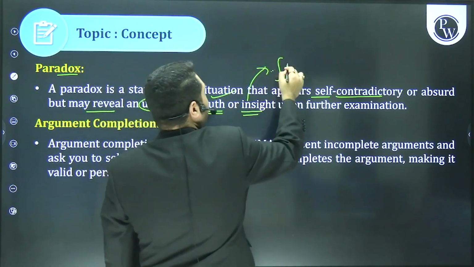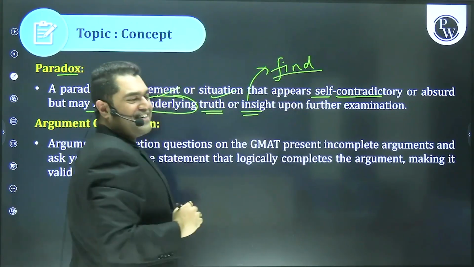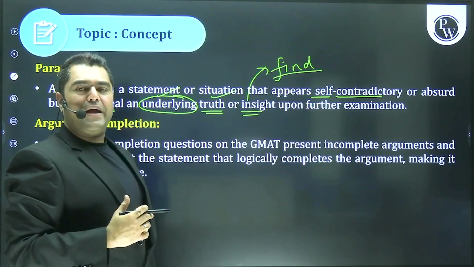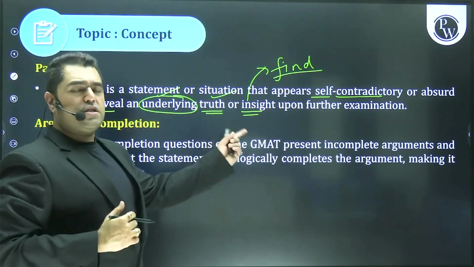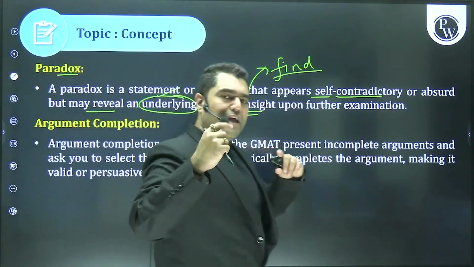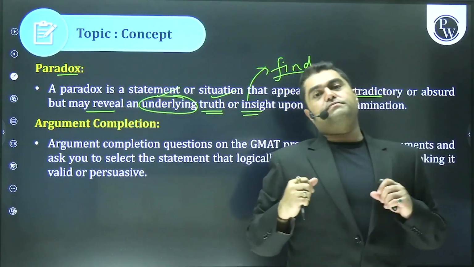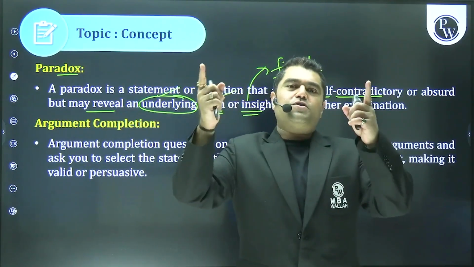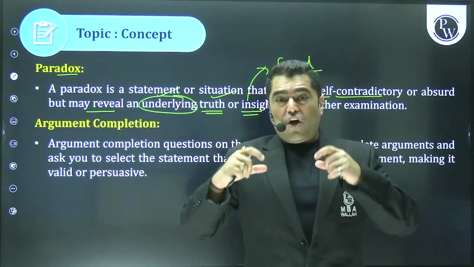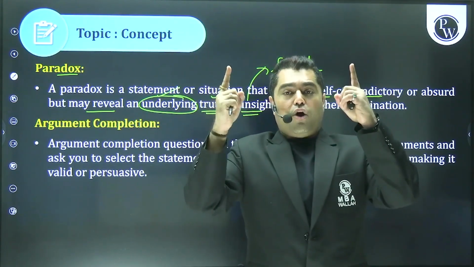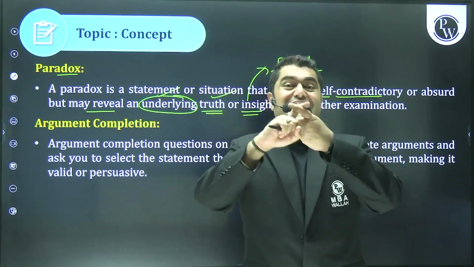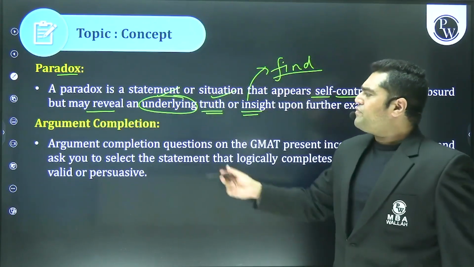We have to find this insight. We have to basically keep in mind ye kya hai, and this is how. So we have to choose an option that helps explain, because of this option this is making sense, because of this option these 2 contradictory statements are reconciling or making sense. ठीक है?